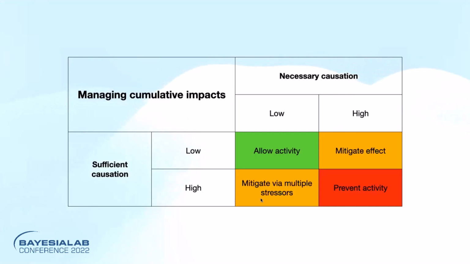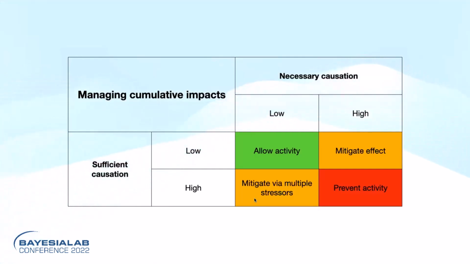The opposite of that, down here where we have low necessary and high sufficient causation, is what the caribou example was pointing to, although in neither case were they particularly high. I find this one a little more difficult to conceptualize, but I think what it means is that the project can certainly trigger the undesired outcome, but preventing the activity won't necessarily prevent the undesired outcome.